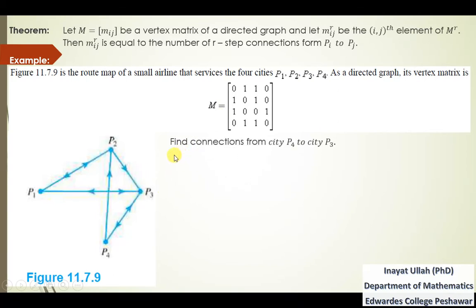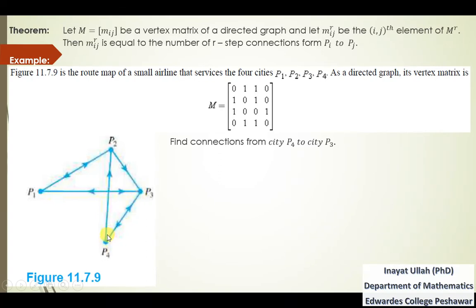We need to find the connections from city 4 to city 3. What does it mean? In how many ways can we move from city 4 to city 3? For example, we can move from city 4 to city 3 directly.